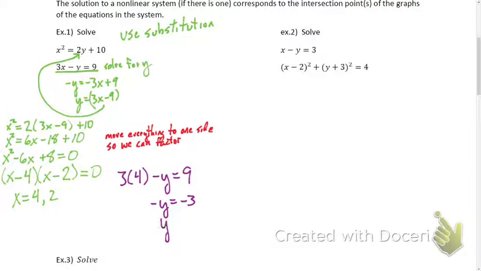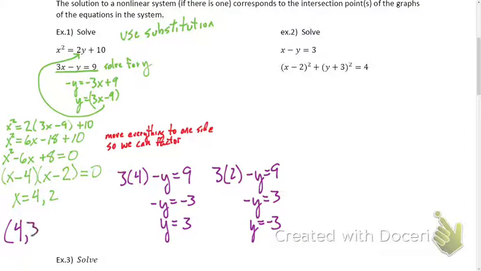And we get 3. Let's plug in 2. And we get negative 3. So final answer, (4, 3) and (2, negative 3).